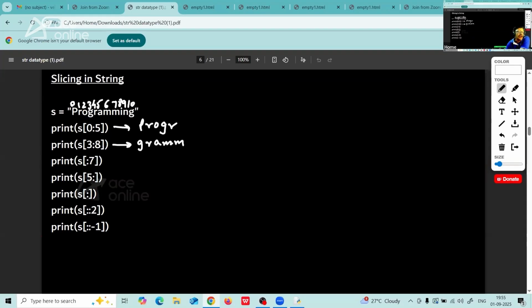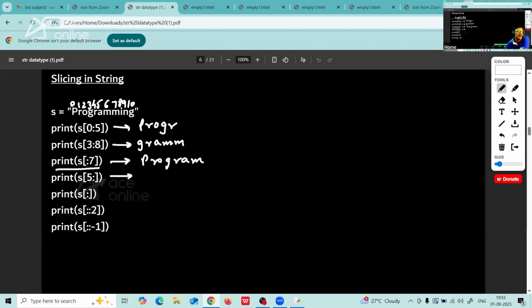Now this statement: the increment is +1, so start has to be 0. You will only go from 0 to 6, so the output here will be PROGRAM, up to the 6th index, 7th not included.